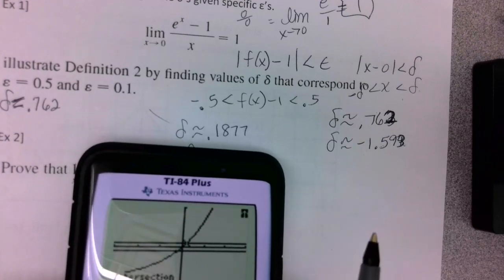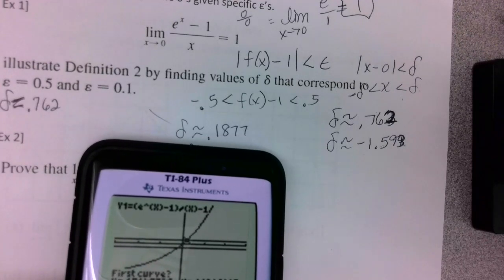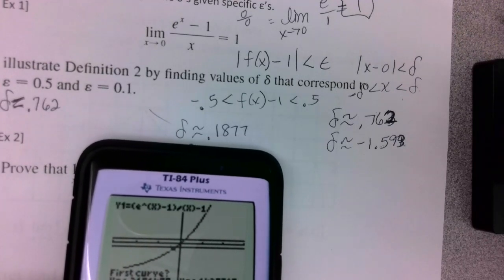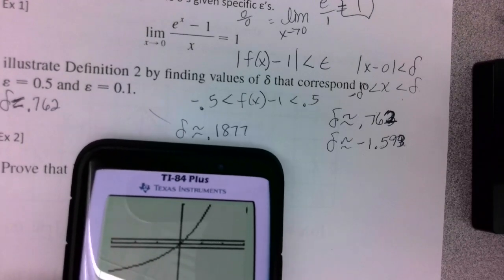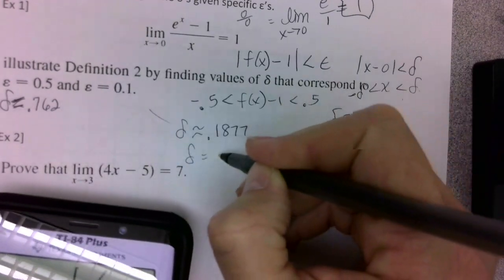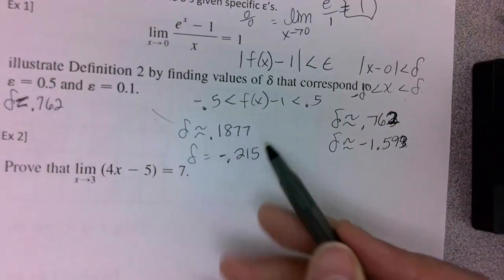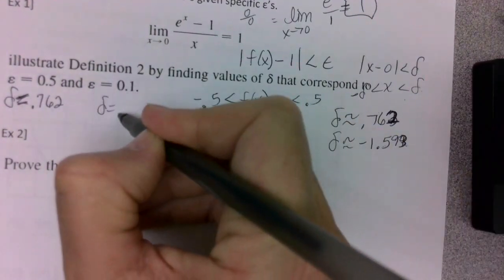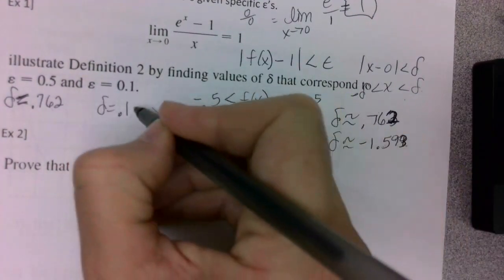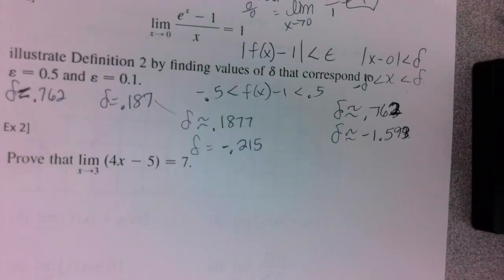But let's go ahead and find that other intersect. Got to change to that other one. -0.215. So I'm going to choose the smaller here. Delta is going to be anything less than 0.187.